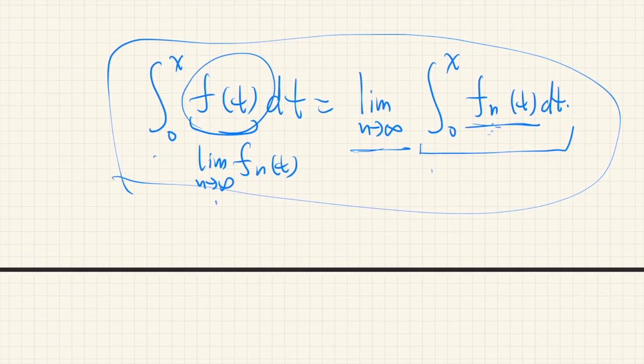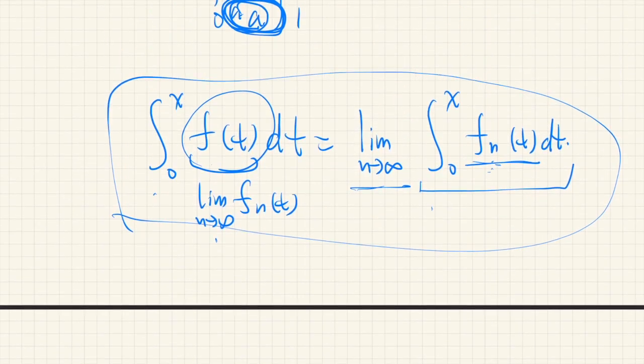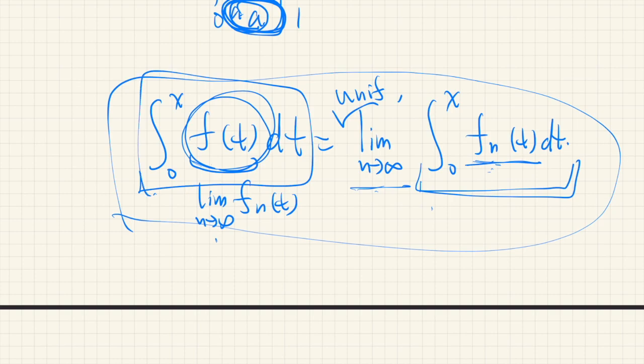So let's formally state this fact. Actually, this limit is uniform convergence, so maybe we should put unif here. That means if fn converges uniformly to f, then the integral of this uniformly converges to the integral of this.